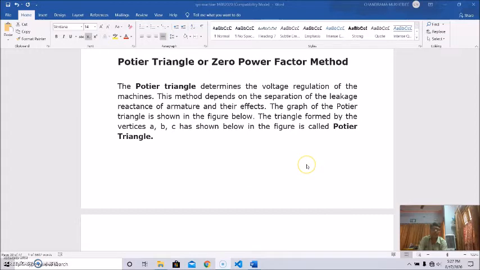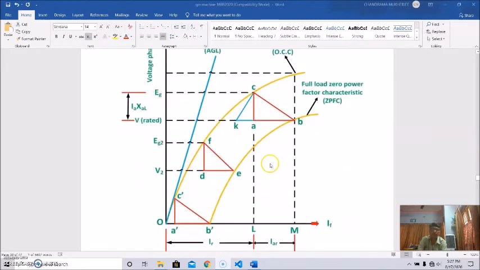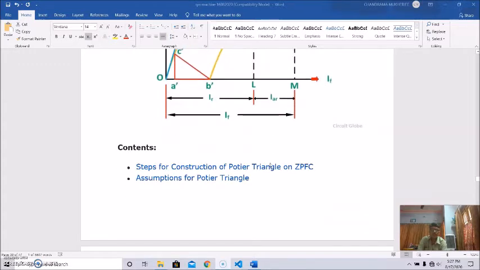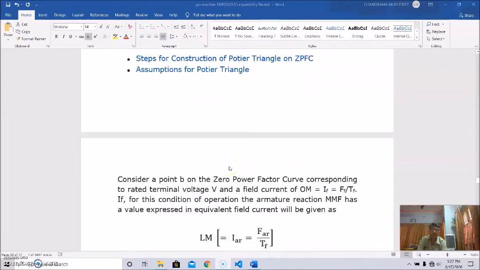The triangle formed by the vertices A, B, C is known as the Potier triangle. Basically, this ABC is the Potier triangle. If you go through this, you will see how to construct this Potier triangle on the zero power factor characteristics, and what the assumptions for the Potier triangle are.